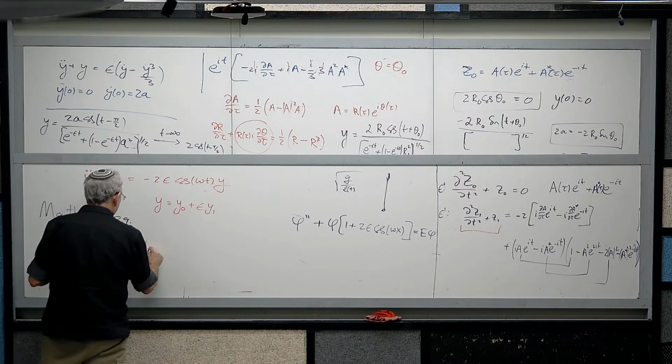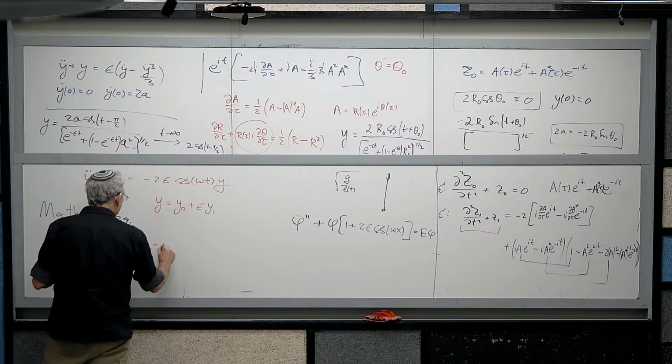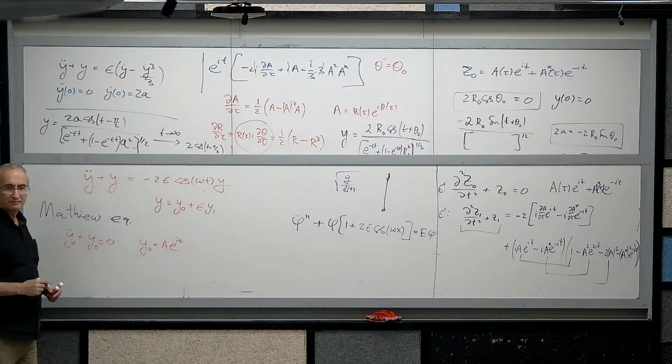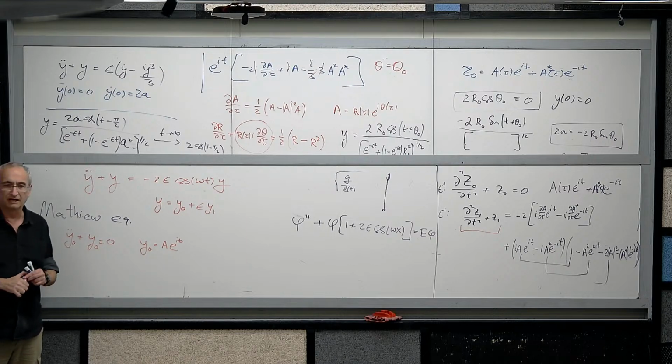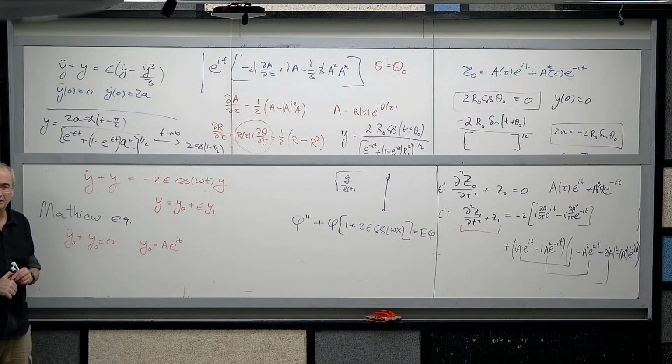So y naught will be some a times e to the it. Again, you have to take the real part, but just to make the calculation easier.